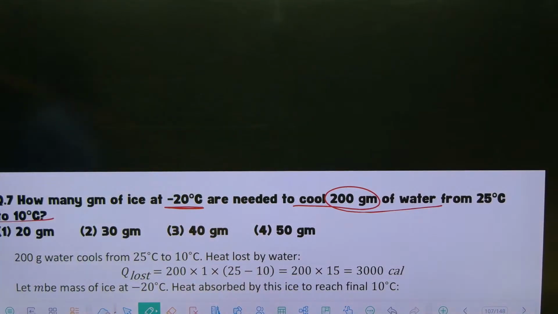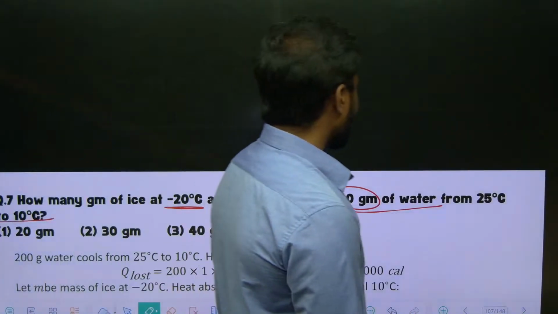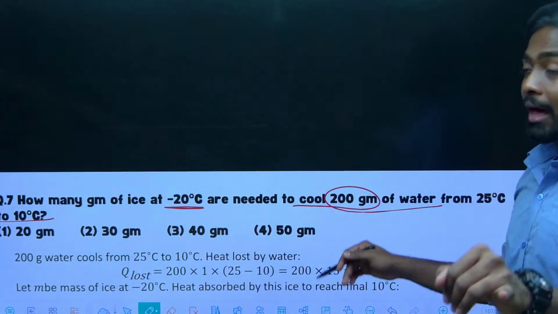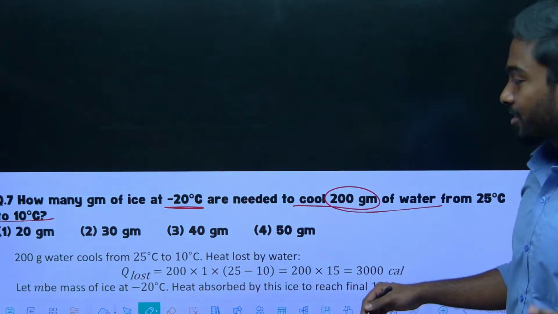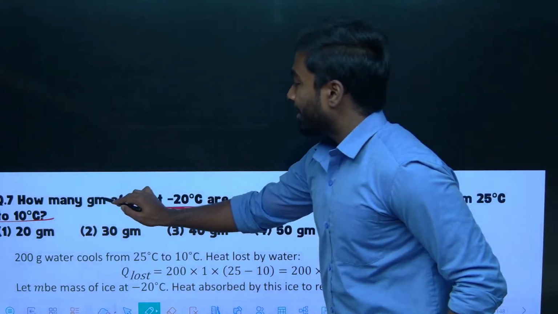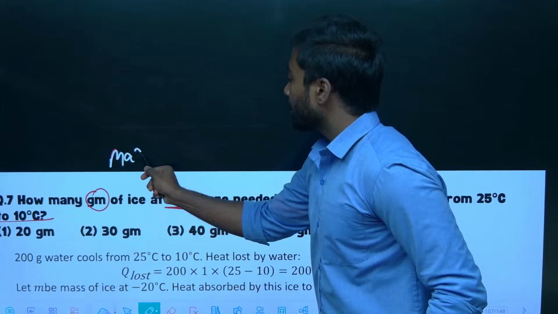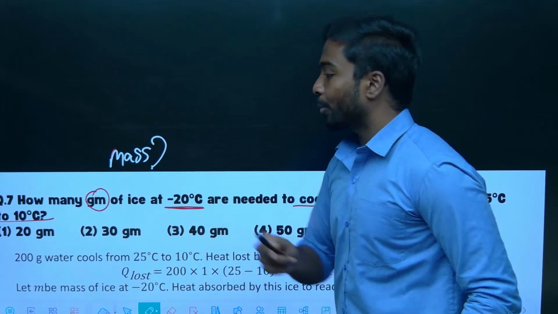So again, what's happening here? How many gram of ice at minus 20 degrees Celsius are needed? So we need to find the mass. That's the question. Try to understand the question.